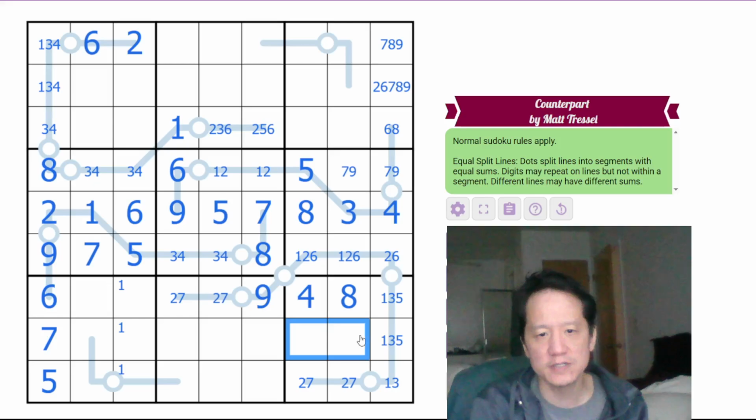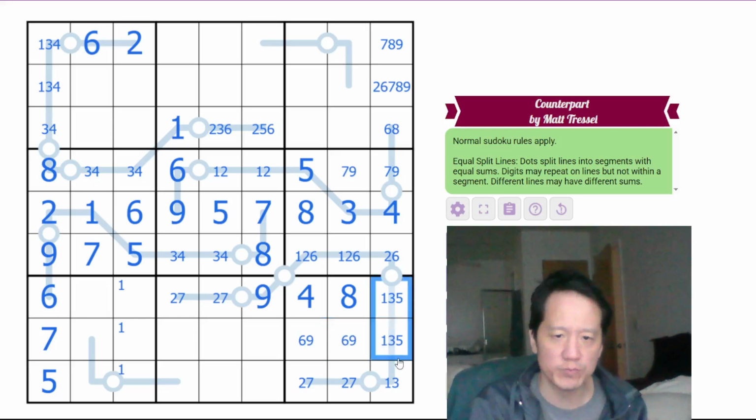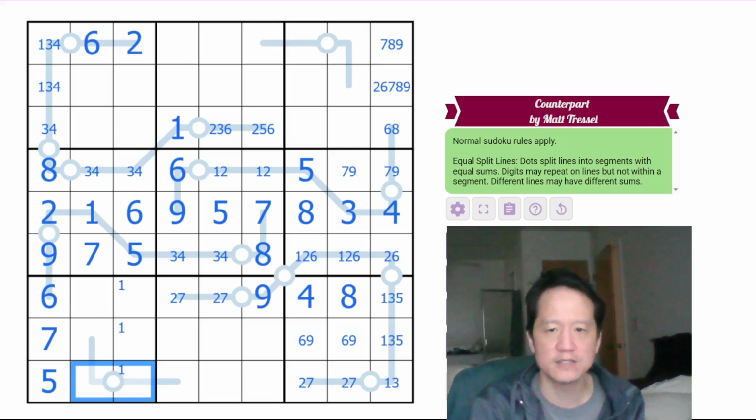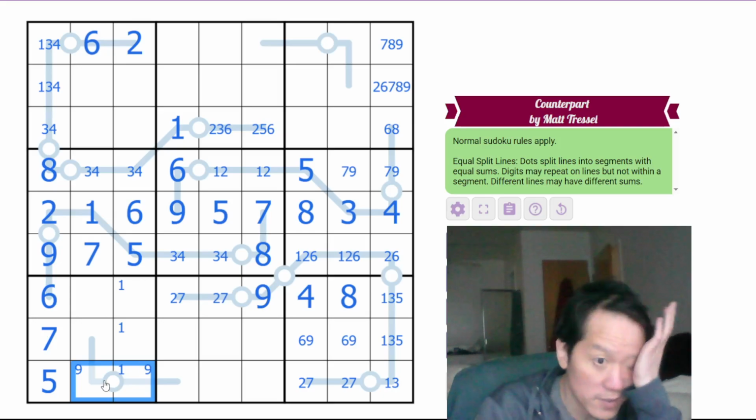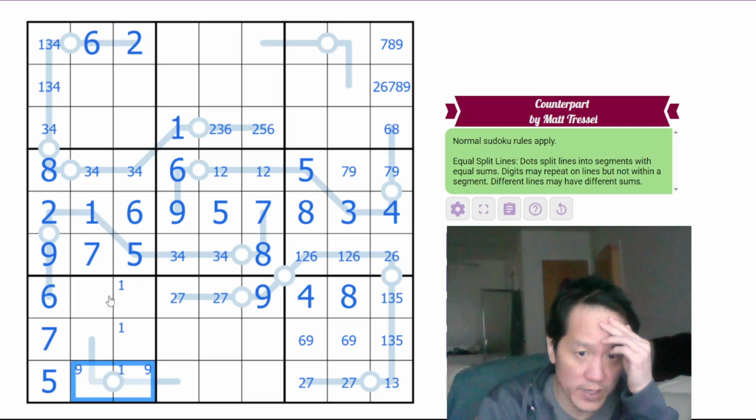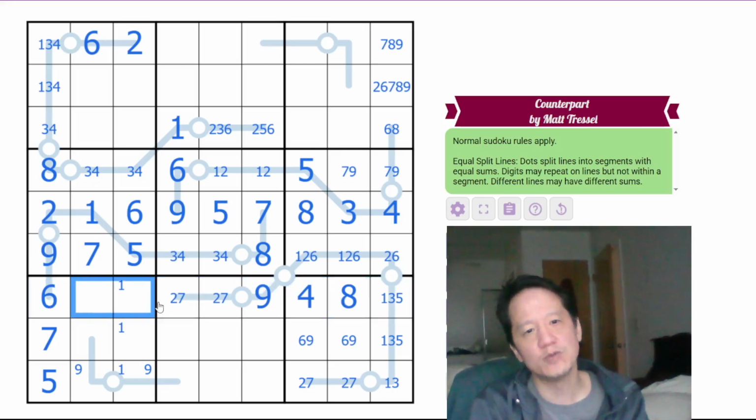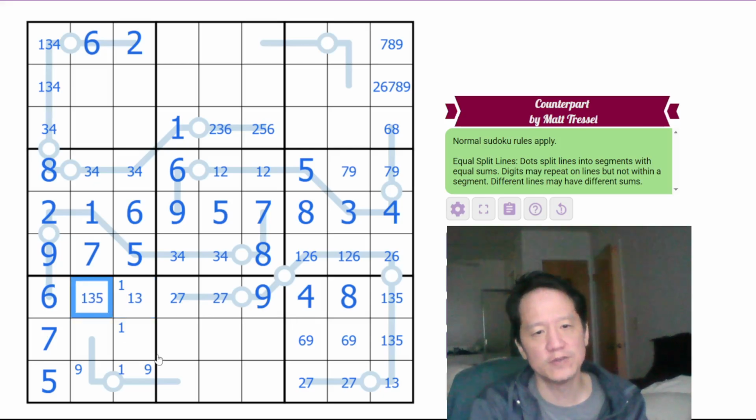This has to be a 6, 9 pair because those are the only digits remaining in the box. 9 has to be here, which means 9 has to be one of these two cells. Okay, the remaining digits in row 7 have to be 1, 3, and 5. This can't be 5, and this can't be 1.